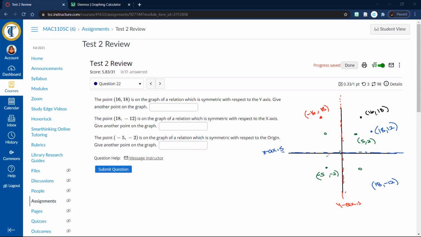Say I had a circle that was right here. If I reflected it here and then reflected it here, that would have to be another point on the graph. Really good example. Actually, this is an even better example. Here we go.